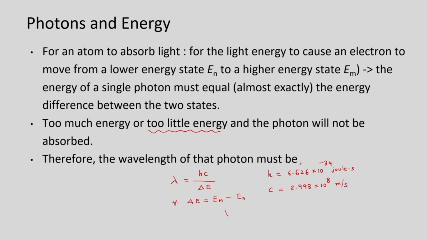So, we can say that the wavelength of the photon must be 1.99 into 10 to the power minus 25 divided by delta E. If we multiply these two, we get the value 1.99 into 10 to the power minus 25 joule meter.